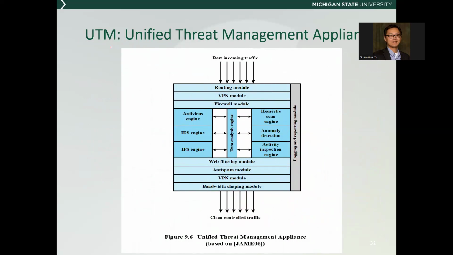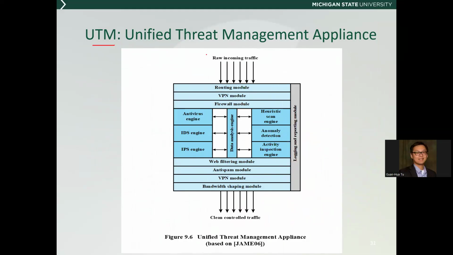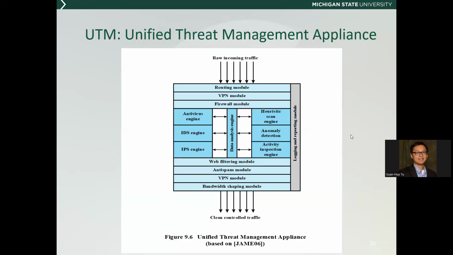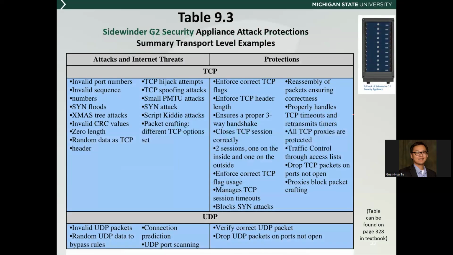So here is a special machine named the UTM, Unified Threat Management appliance. The basic idea is there is raw incoming traffic and the output will be clean, controlled traffic. This machine is more like an appliance. You can purchase this machine and deploy it in your network.